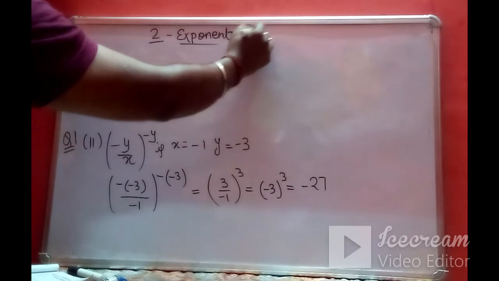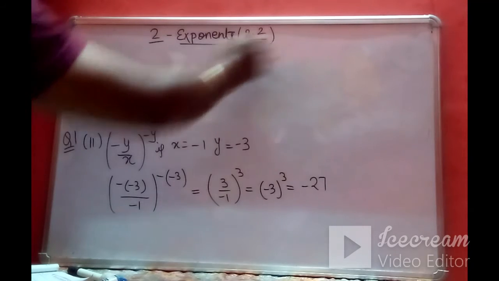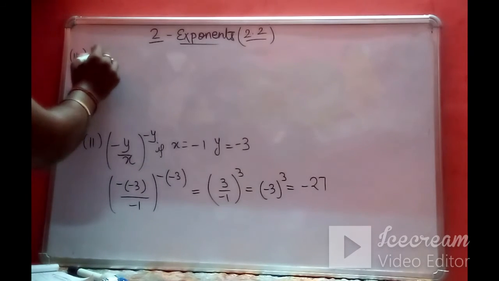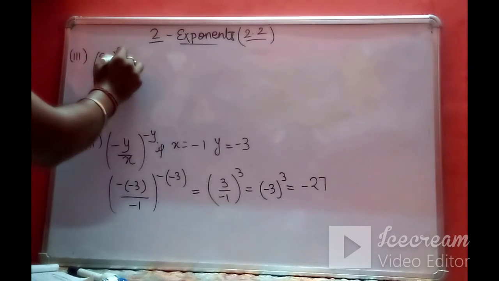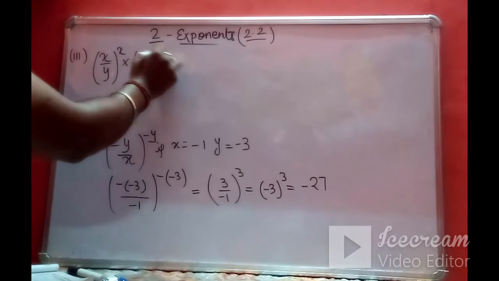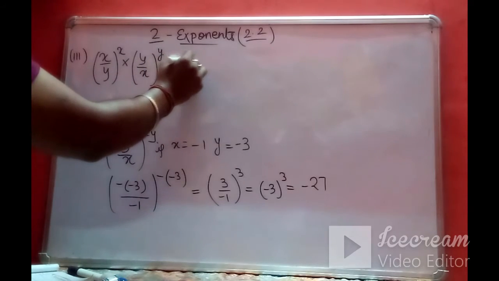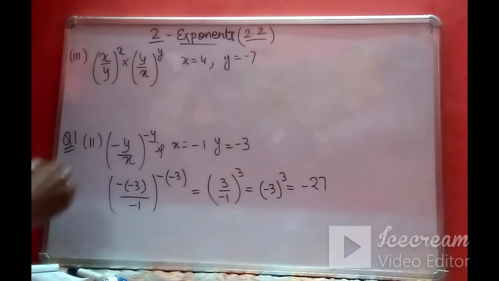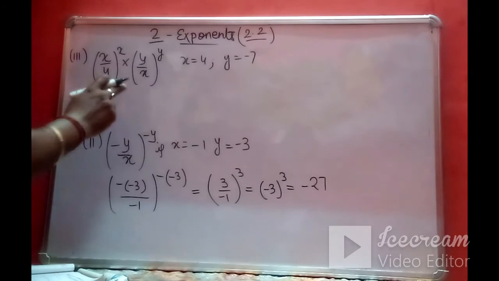Okay, exercise 2.2 we are solving. Then for the third part, it is x upon y to the power x into y upon x to the power y, and x equals 4, y equals minus 7. So here also we will first put the values.